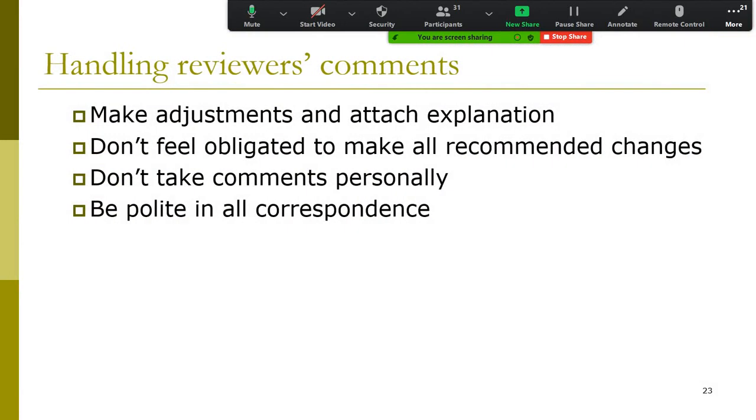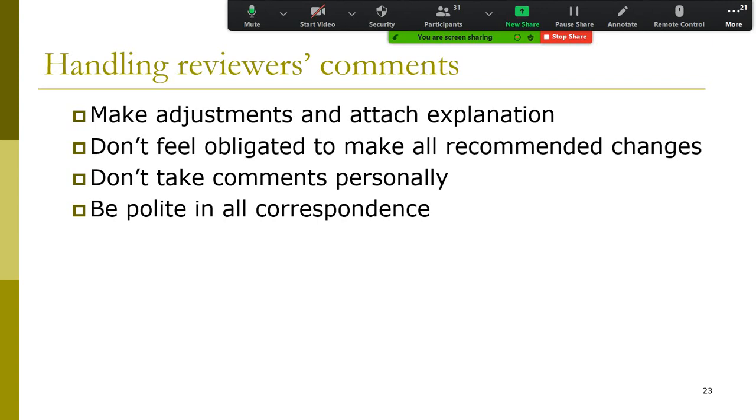So how to handle the reviewers' comments as an author? You should make adjustments and attach an explanation of your arguments, of your revised points. Do not feel obligated to make the recommended changes. Sometimes you can disagree with the reviewers' comments humbly, and don't take comments personally.